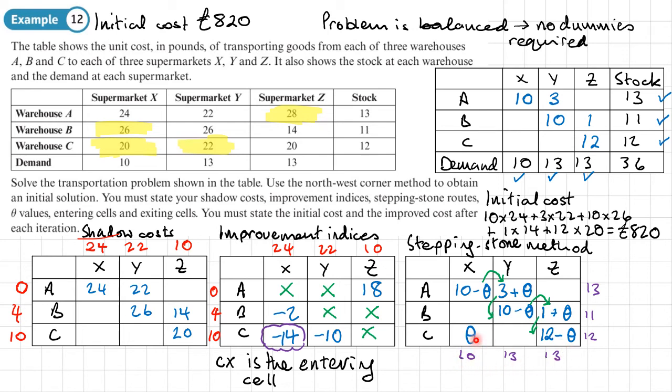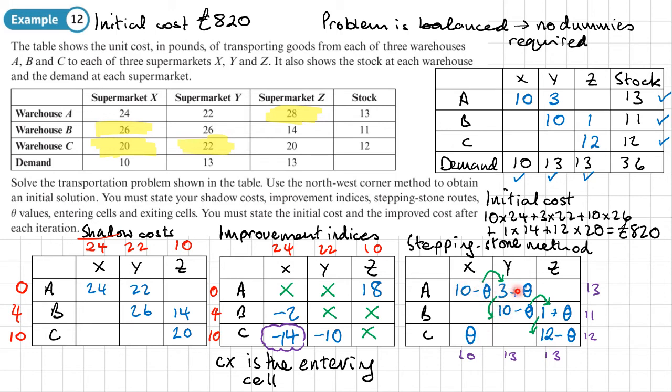Now the next thing we need to do is to choose a value for theta, this entering cell. The maximum value we can choose for this, to replace it with a number, so that none of the cells becomes negative. So some are going to become zeros, but we don't want any negatives. So the biggest I can make this is going to be 10, because these two will become negatives.